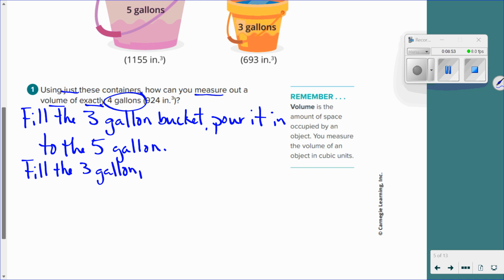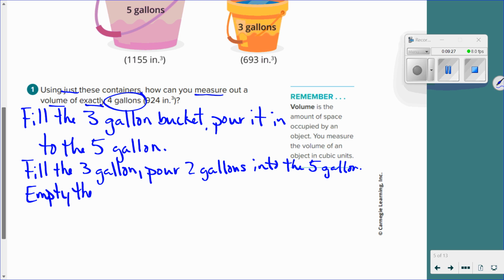But now I can tell exactly when I've poured out 2, can't I? Because I'm going to pour 2 gallons into the 5. So I've now got exactly 5 gallons in the 5 gallon bucket, yes? How much is left in my 3 gallon bucket? 1. So what I have to do now, because I've only got these 2, empty the 5 gallon bucket.